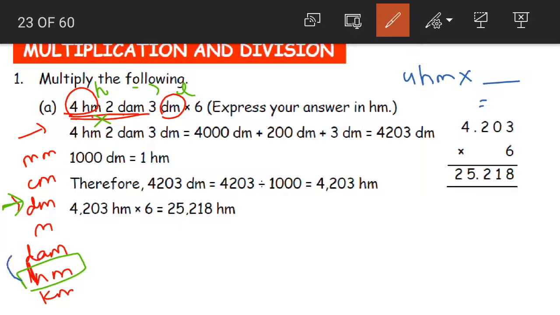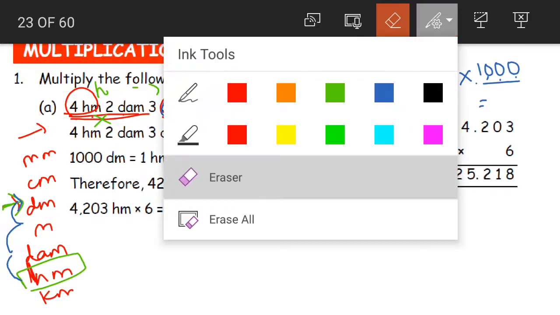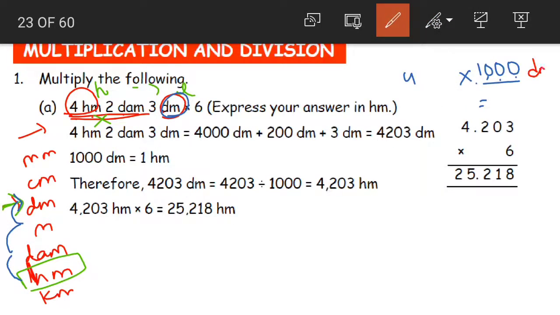We have to count the number of jumps. 1, 2, 3. We need 3 jumps to reach our decimeters. So we'll multiply by 1000. 1, 2, 3 zeros. 4 into 1000 decimeters. So 4 into 1000 is equal to 4000 decimeters. 4 HM is equal to 4000 decimeters.